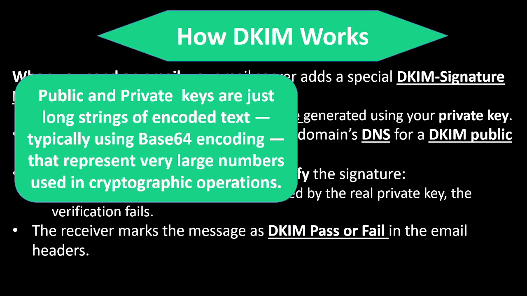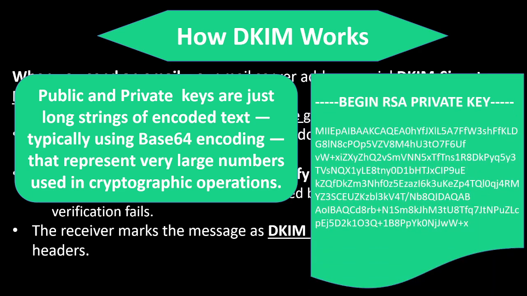So what are the public and private keys we are using in the DKIM method? Public and private keys are just long strings of encoded text, typically using base64 encoding, that represent very large numbers used in cryptographic operations. So it looks like this.